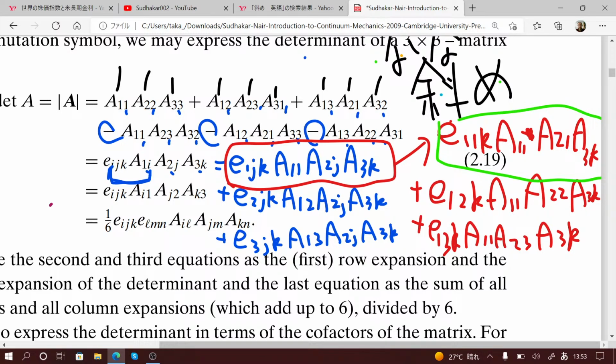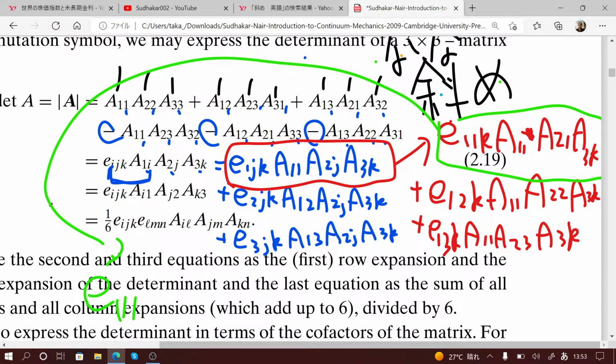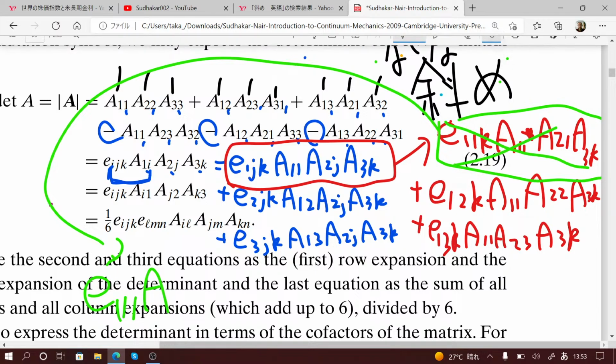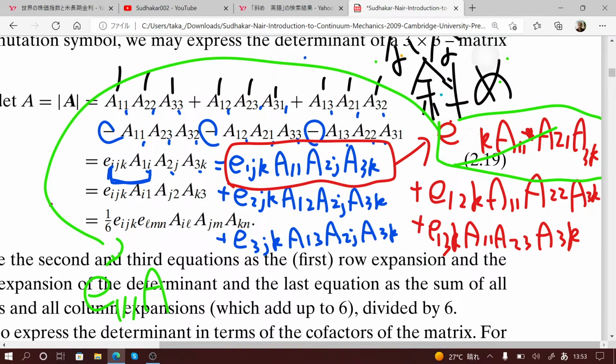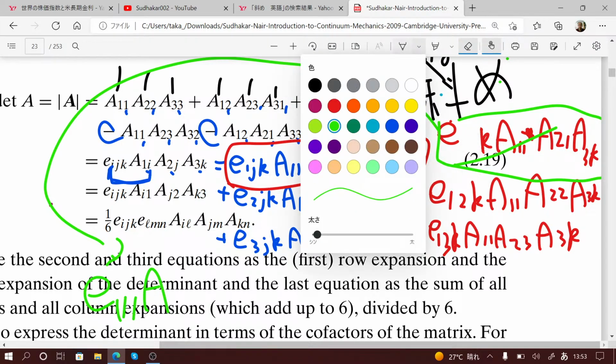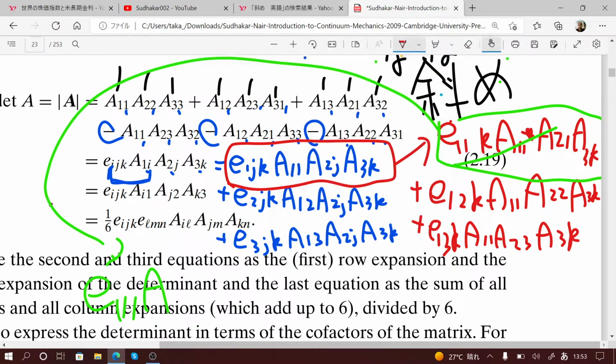So I can write it here. This expansion: epsilon_{111}. I'm sorry. Here we can ignore this one. Yeah, this is because two indices are repeated here, 1, 1.